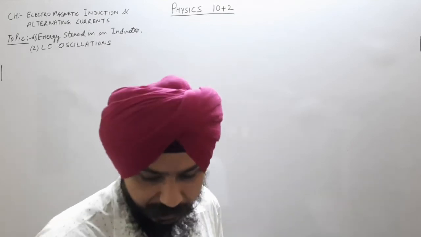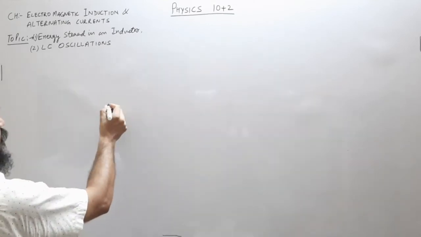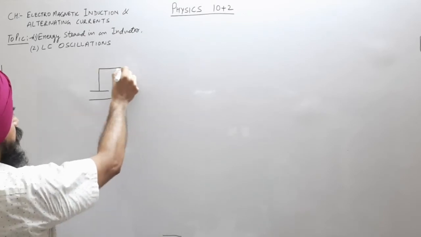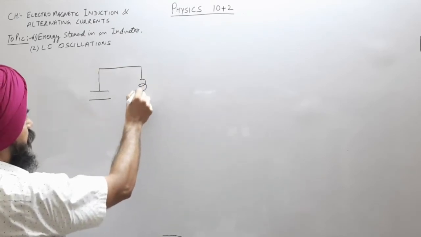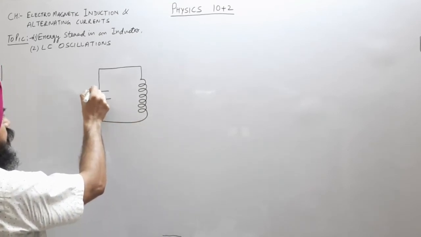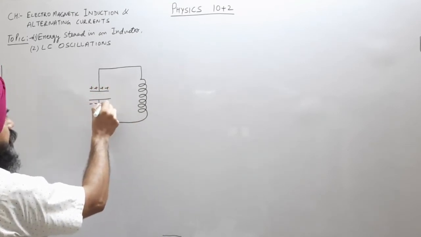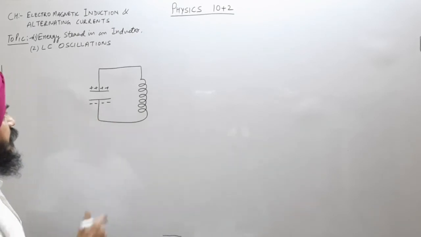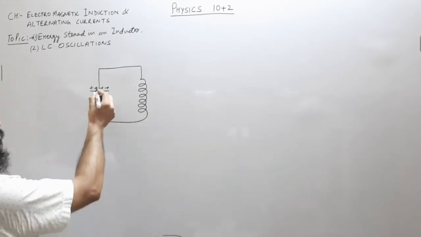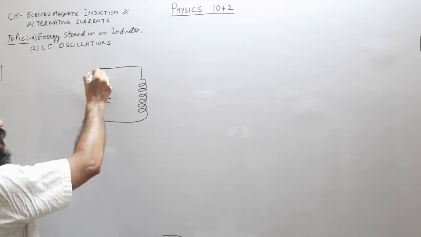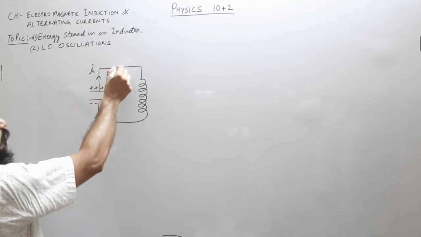So what happened was, we just connected a charged capacitor to an inductor. So this is a parallel combination. The charged capacitor sends current I to this inductor.